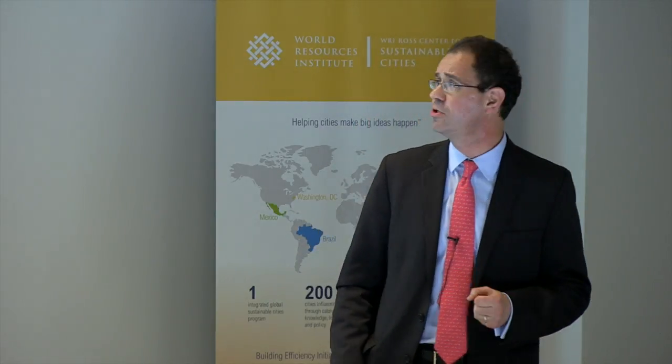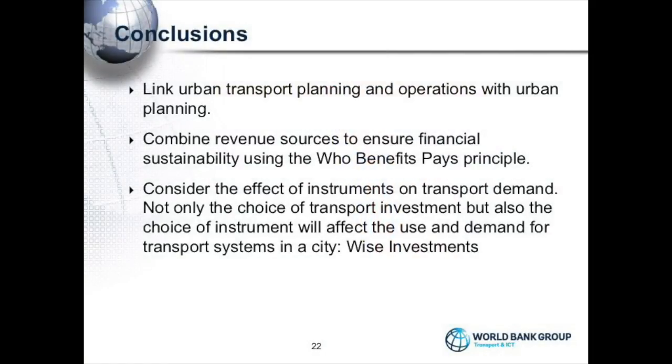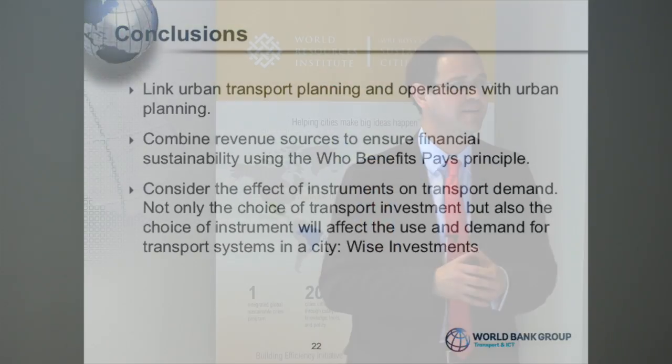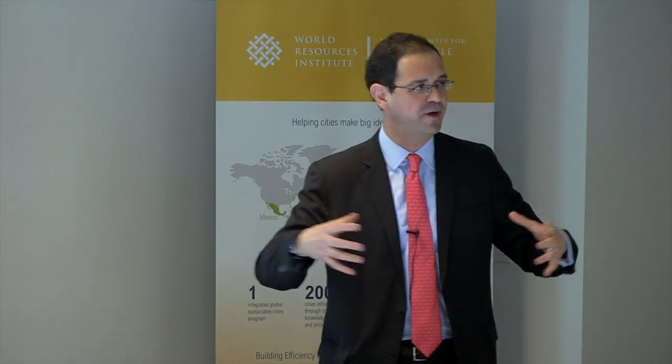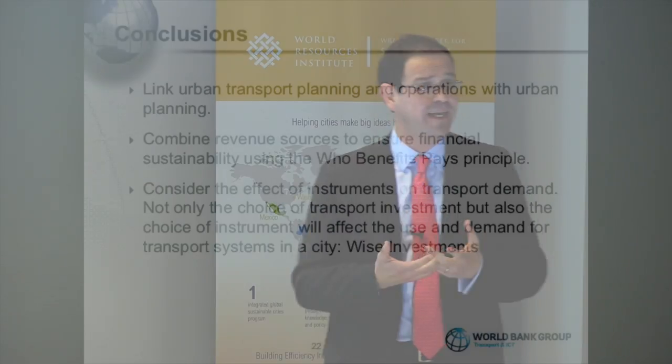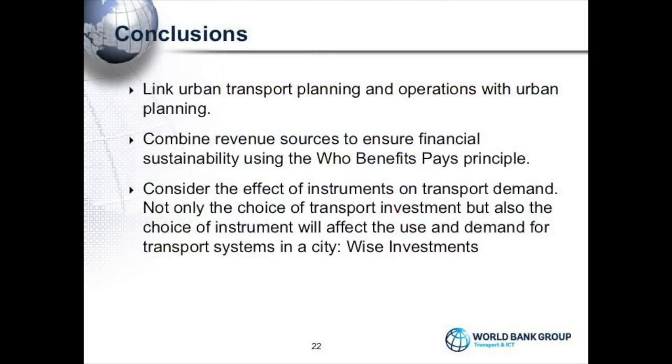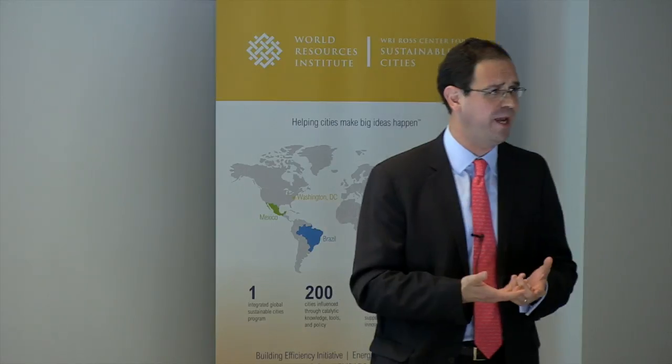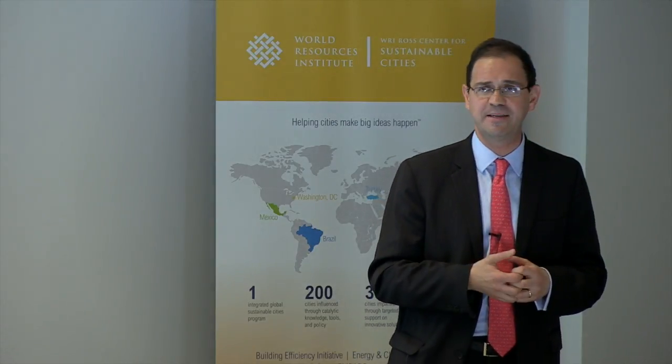So on to the conclusions. Transport planning and urban planning are linked. As I was saying, implicit subsidies for cars spread the urban area, contribute to sprawl, for example. So link them. Apply the who benefits pays principle. If you benefit, you pay. Change therefore the financing structure from just finding, if I build a BRT, then what can I do?